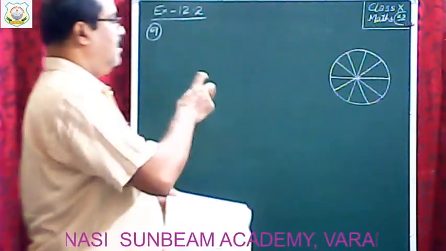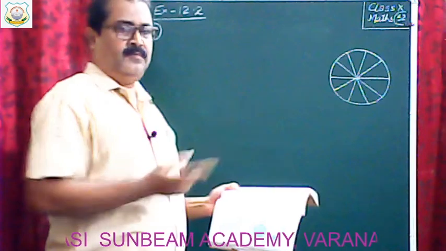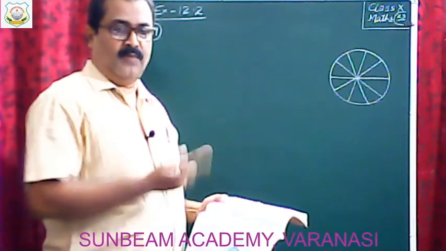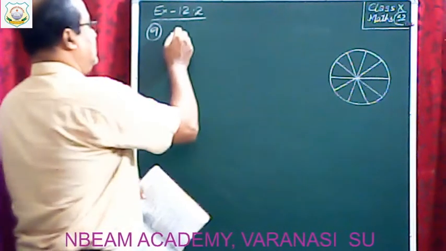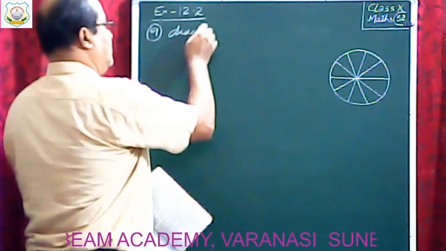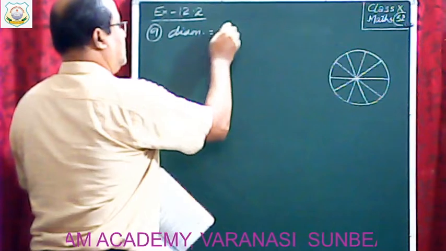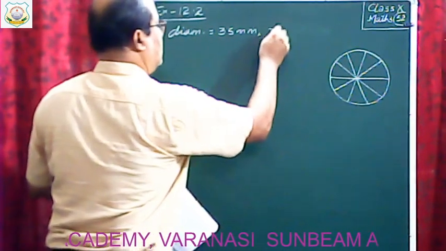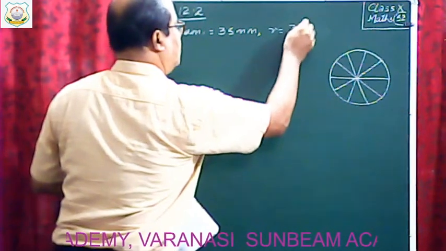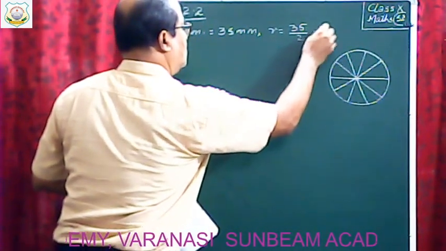This design is made up of silver wire in the form of a circle and 5 diameters. Diameter is given, 35 millimeter. Then radius is 35 by 2 millimeter.